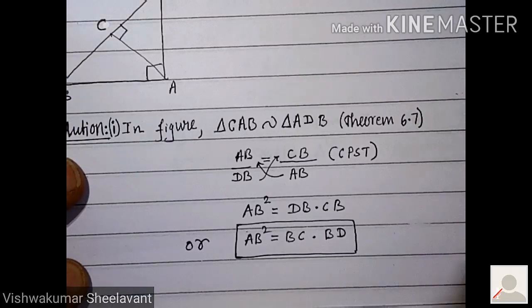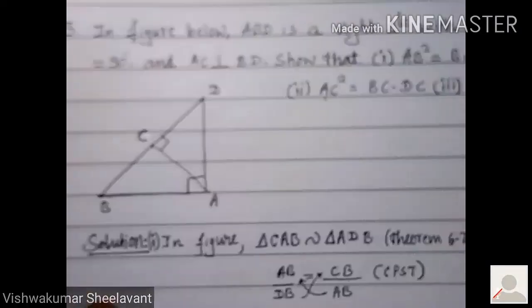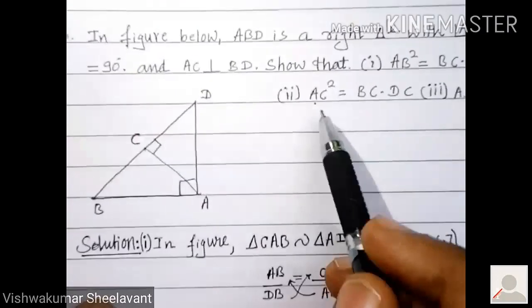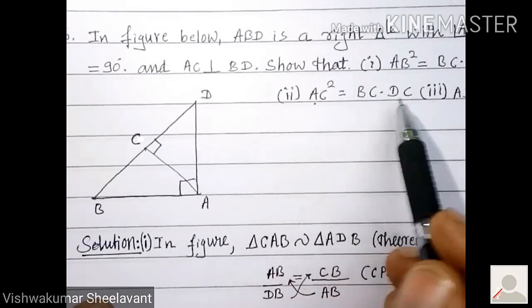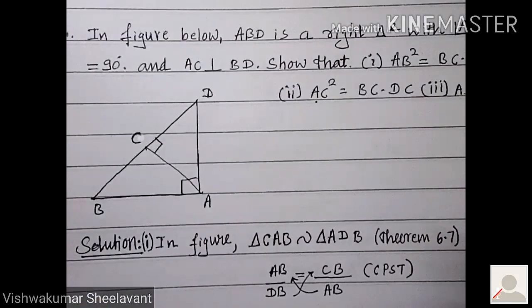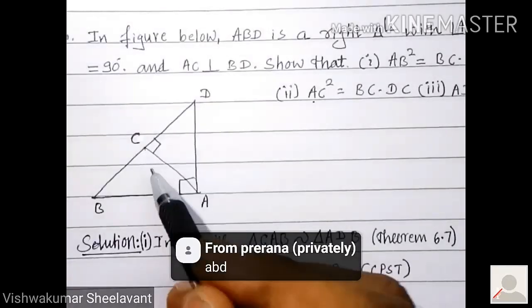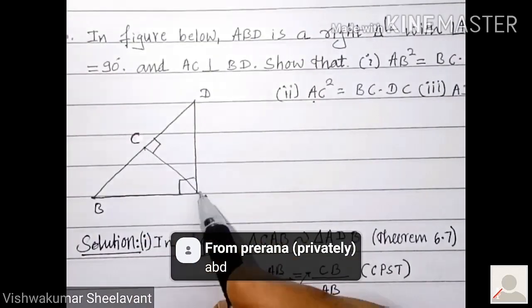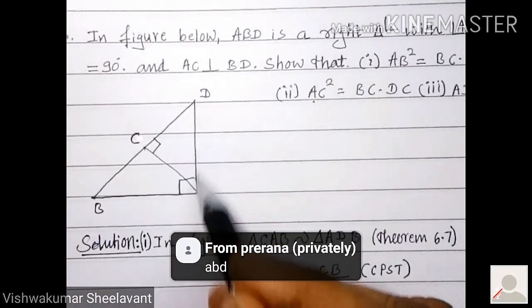Now to take the second part. In the second part, what I have to prove? AC square equal to BC into DC. Which triangles will we consider? Now AC is common to triangles ACB and ADC.